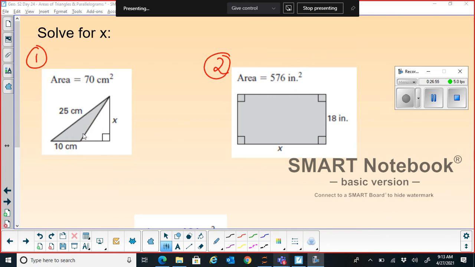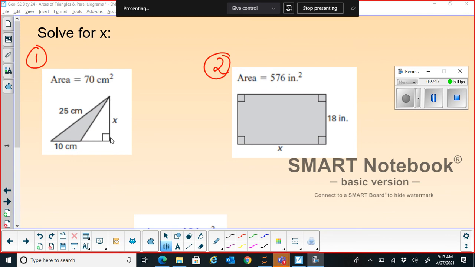So here the shaded area is got by area of the larger triangle minus the area of the smaller triangle. Okay, but I don't have even this value. I only have this 10 centimeters.